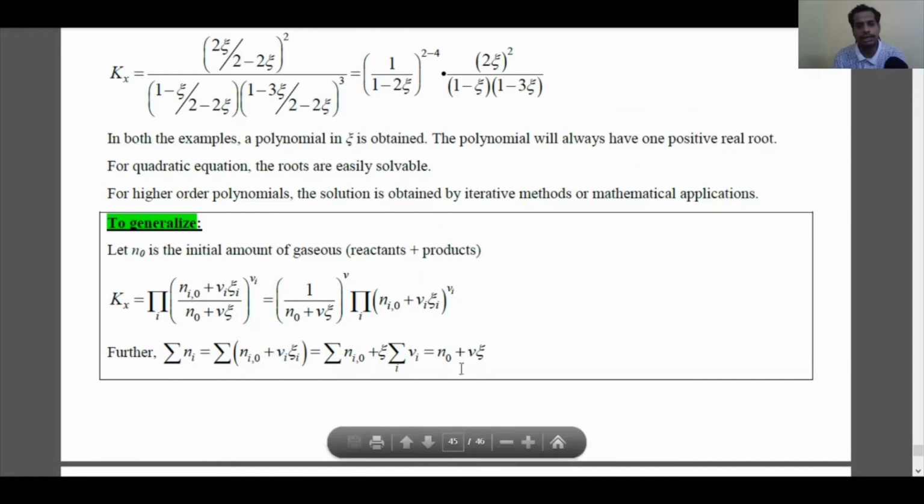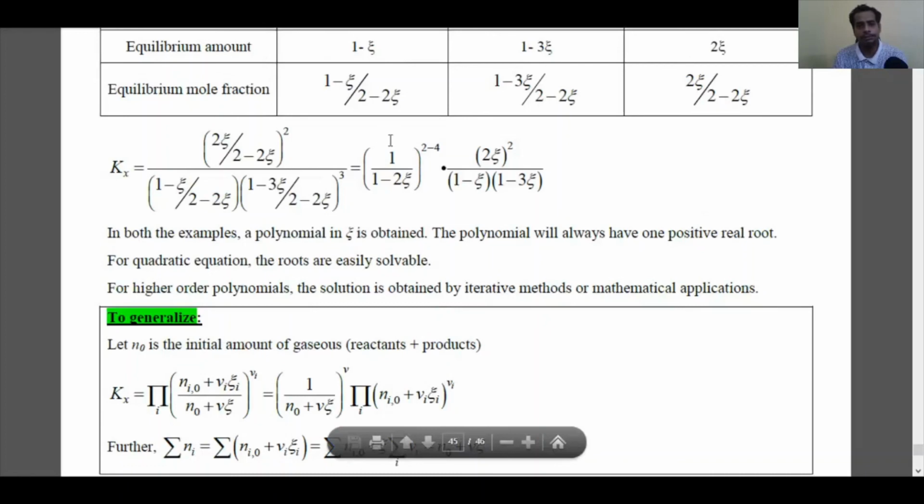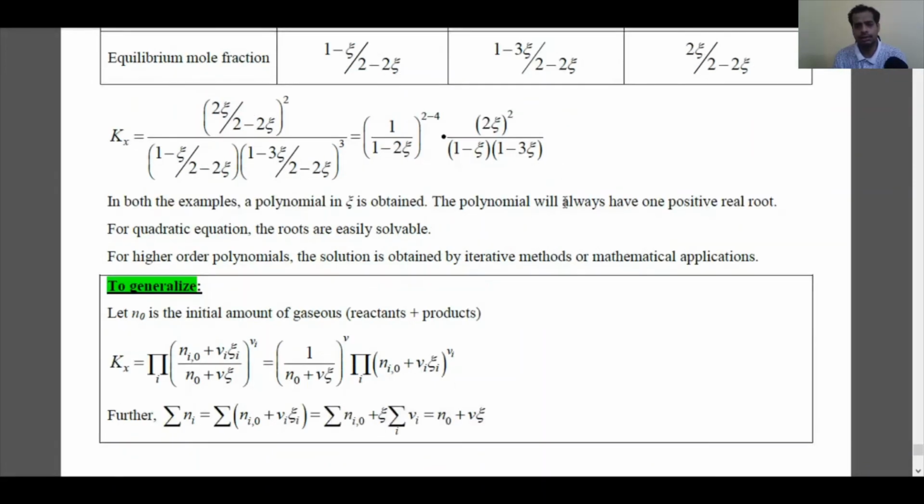So N0 plus V xi is the total number of moles for any reaction. The total number of moles will always be N0 plus V xi. For ammonia it is 4 minus 2 xi. So what is 4 here?